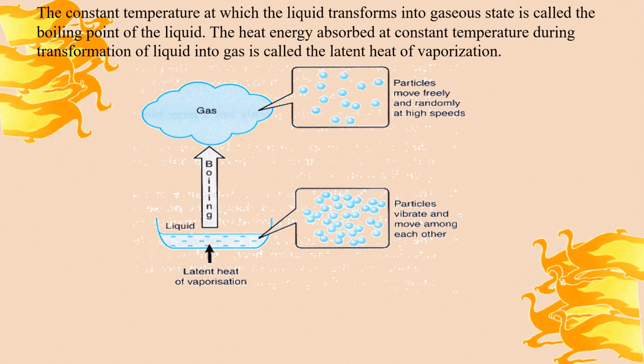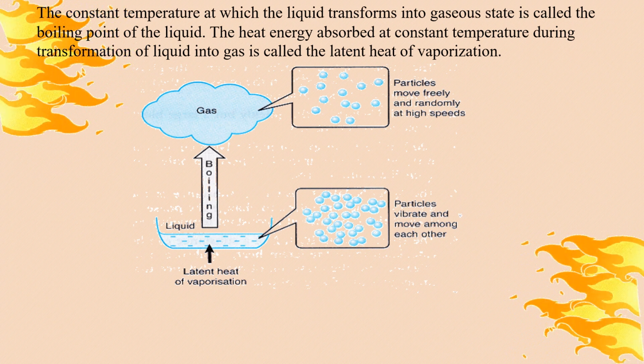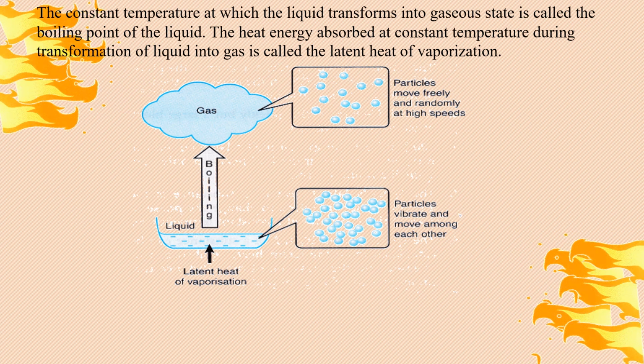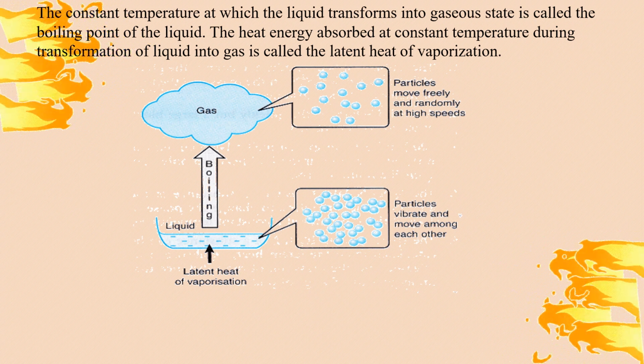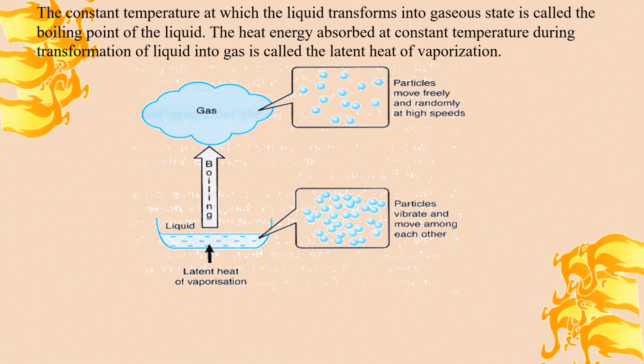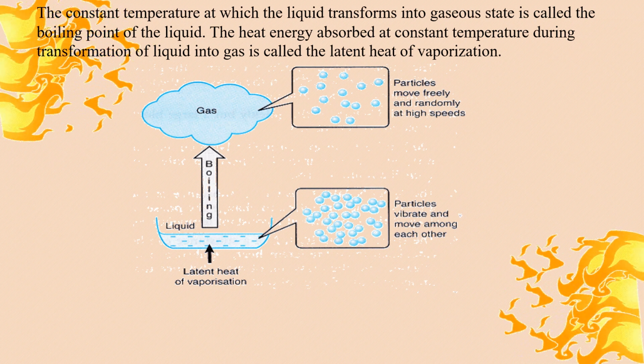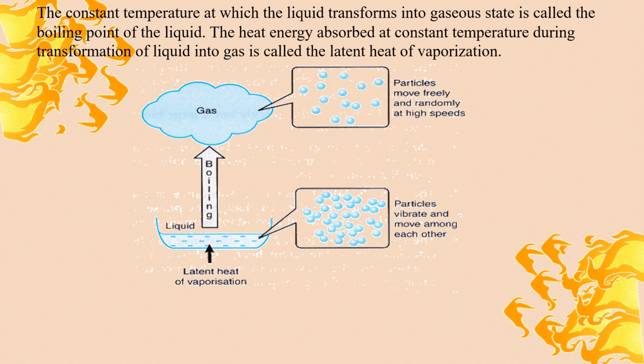Heat जब supply कर रहे थे हम लोग solid को and it was getting transformed to liquid. Now here there is another transformation, that is liquid transforming into gaseous state. This is called as the boiling point of the liquid. ठीक है, जो टेम्परेचर पे कोई भी सब्सटेंस लिक्विड से गैस में कन्वर्ट हो रहा है तो उसे हम लोग कहते हैं बॉइलिंग पॉइंट ऑफ द सब्सटेंस और द लिक्विड.